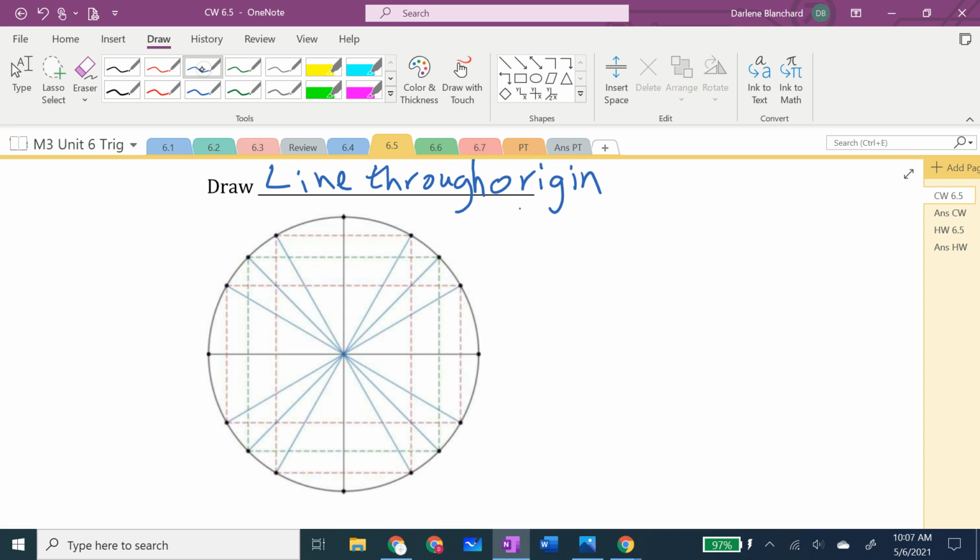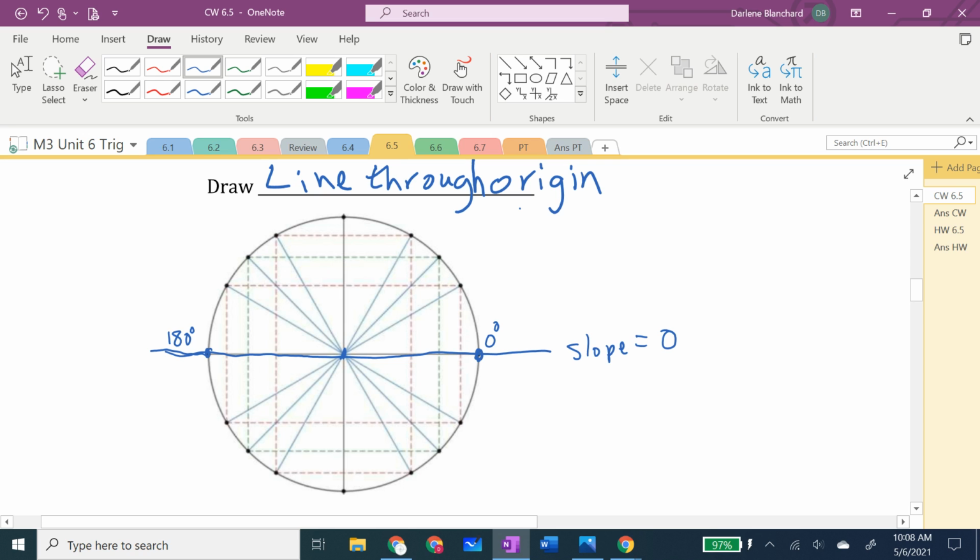Tangent is always slope. If I draw a line through the origin with a 0 slope, that goes through the angles of 0 degrees and 180 degrees. And that is a line that has a slope of 0.